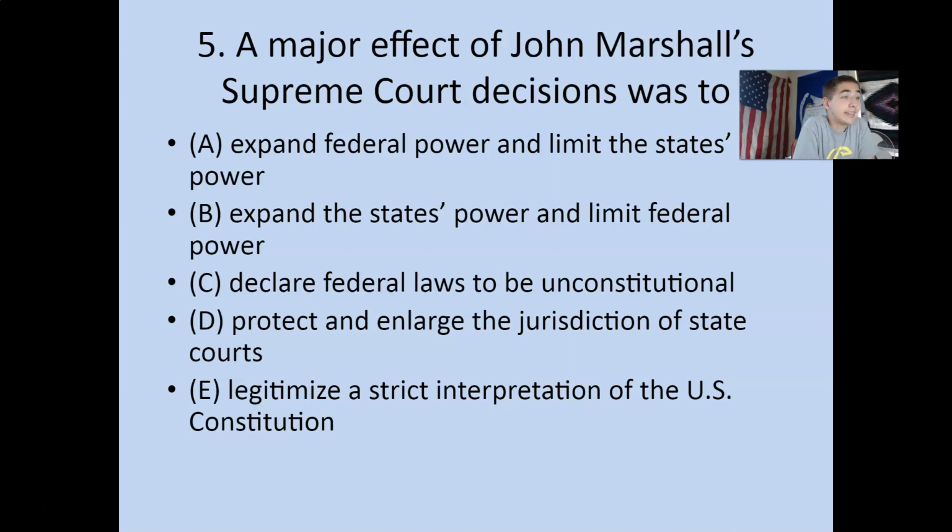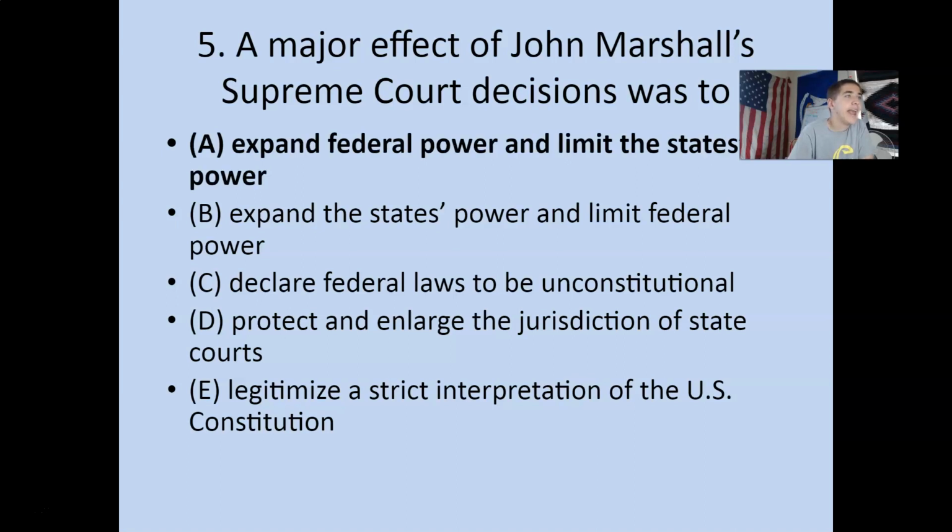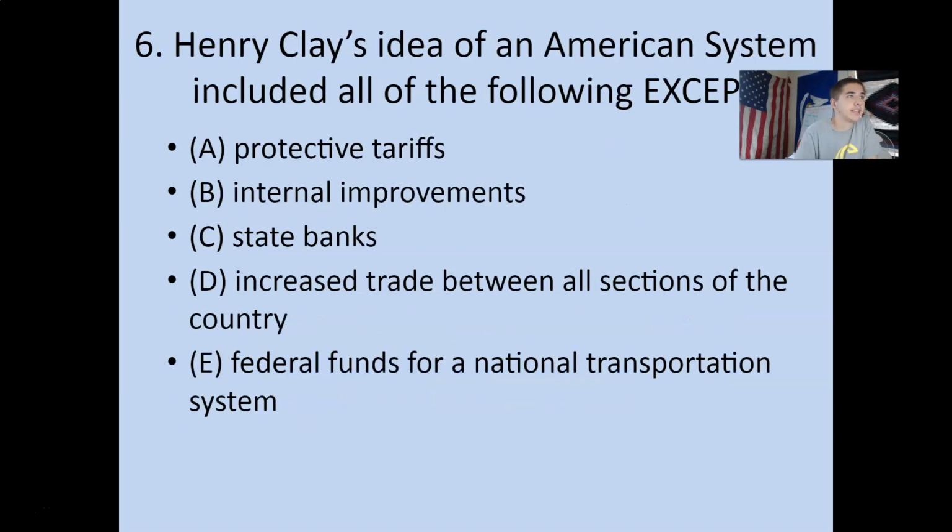D. Protect and enlarge the jurisdiction of state courts. Or E. Legitimize a strict interpretation of the U.S. Constitution. The correct answer is A. Expand federal power and limit the state's power. A crackdown on federalism, interpreting federalism.